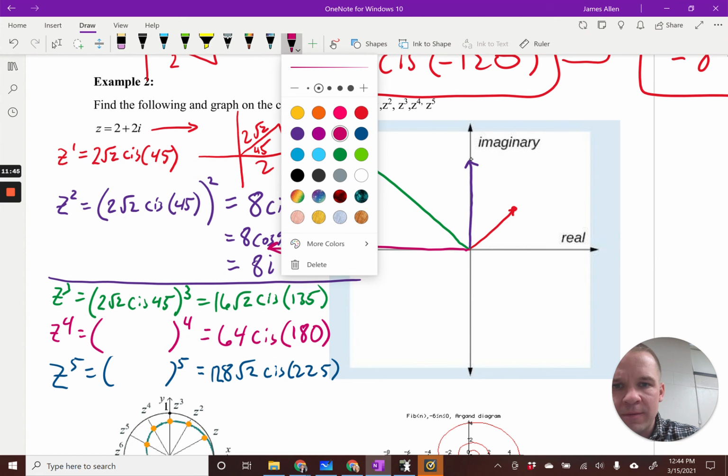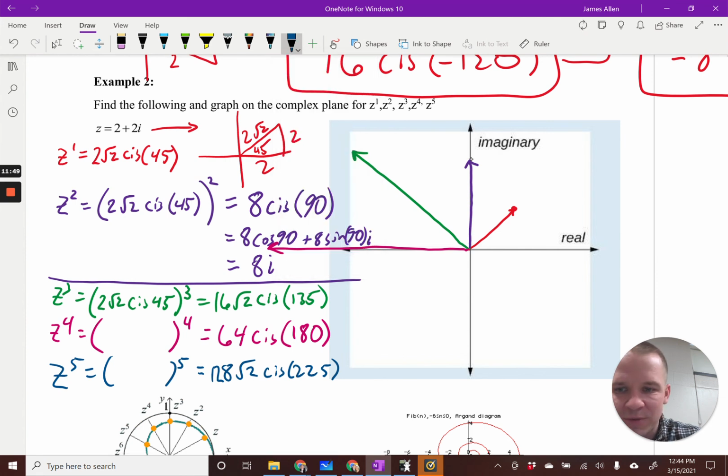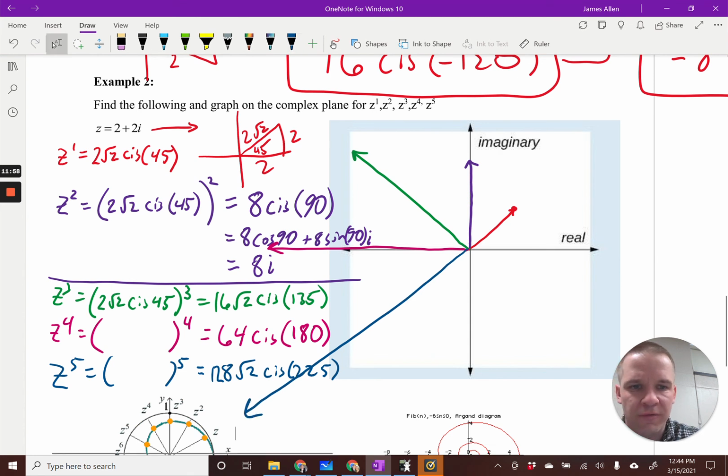Perhaps I went too large with the scaling here. And then we've got even larger yet. So we went from 2 root 2 to 8 to 16 root 2 to 64, and then all the way to 128 root 2.